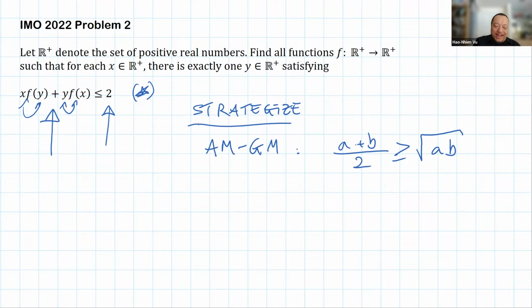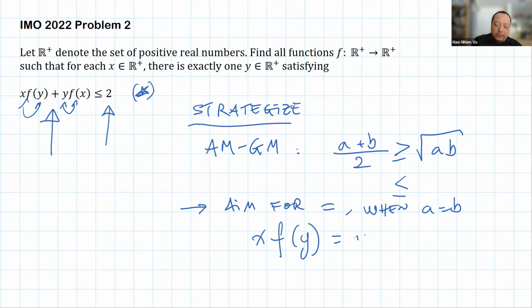Well, this one has the inequality the wrong way around, which suggests that it really should be an equal sign. The less-than part is probably a red herring. So we should aim for an equal sign, which happens when a equals b: x f(y) is equal to y f(x).